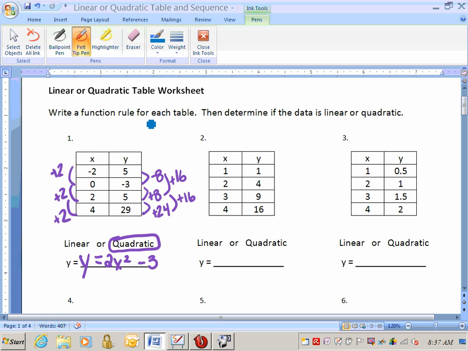Okay, let's go through number 2. Find your changes.